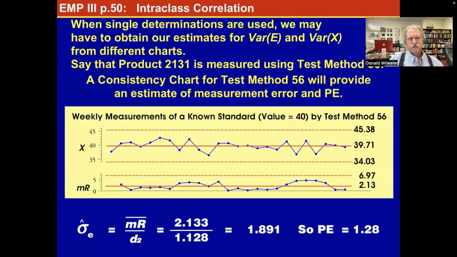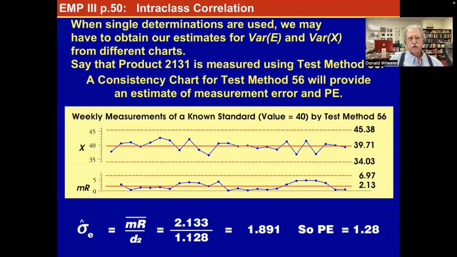The weekly measurements of a known standard value, accepted value being 40, by test method 56 have an average moving range of 2.13. So sigma E hat will be 2.133 divided by D2, 1.128, which gives about 1.9. So our probable error is about 1.3.